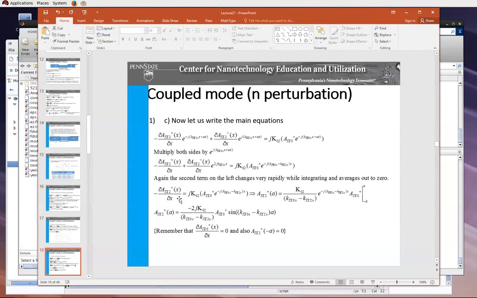In order to solve for this, you will now understand why it's important to assume that TE0 is not changing with x. If you look at it, we have to take a small integral with respect to x. But to do that, we need to come to our initial assumption and say that this is not changing too much. And if we do that small integration, we come up with this general equation.